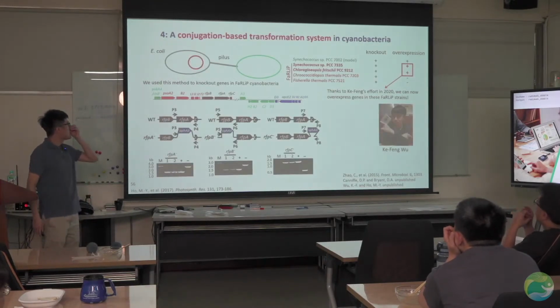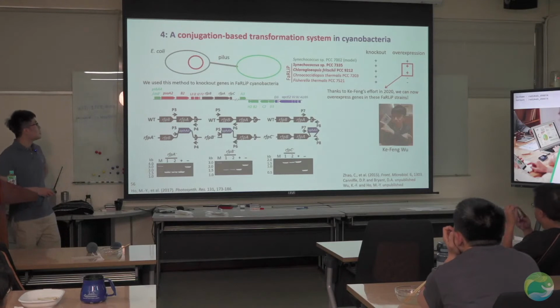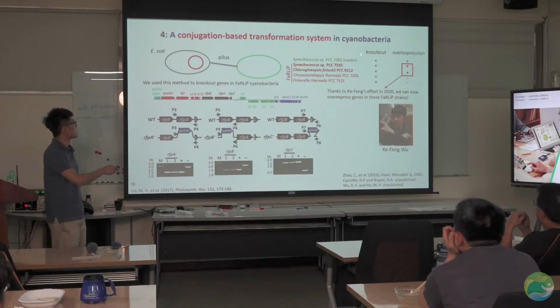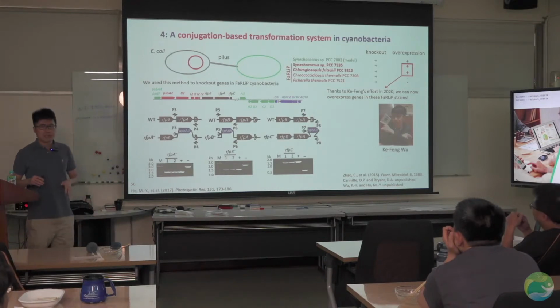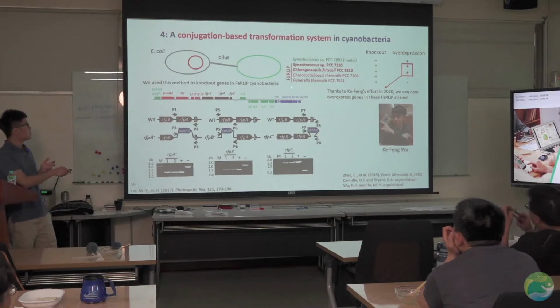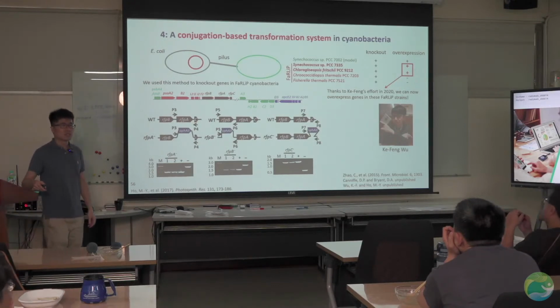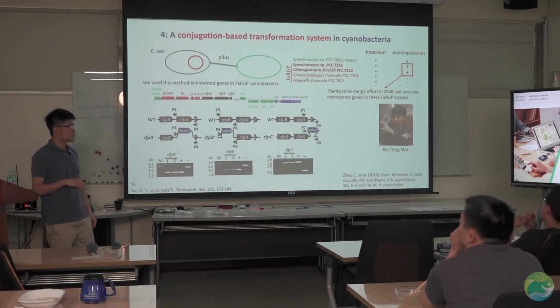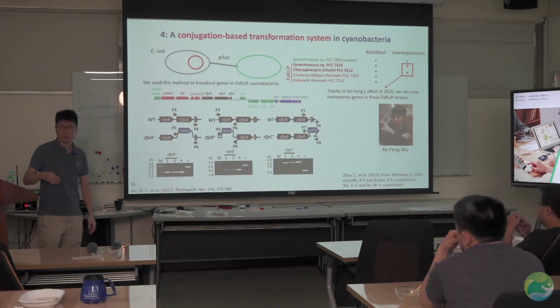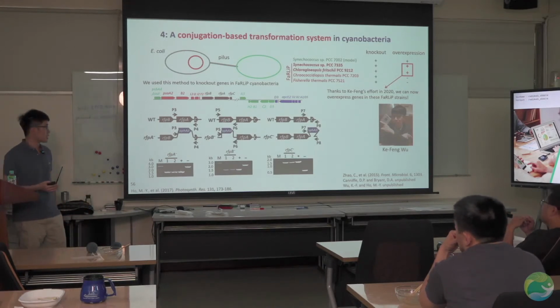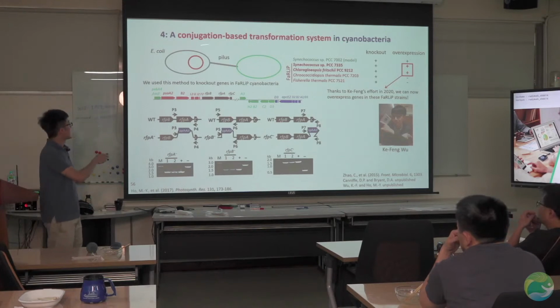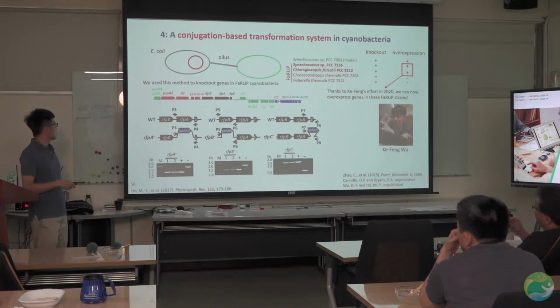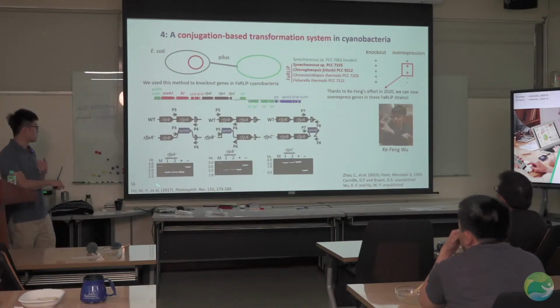Another thing we do is establish the way that we can do genetics in these cyanobacteria. Because for those cyanobacteria doing FaRLiP, they are non-model organisms, so there was no genetic system available to allow you to do overexpression or genetic knockout. This is a system I developed when I was in the US.